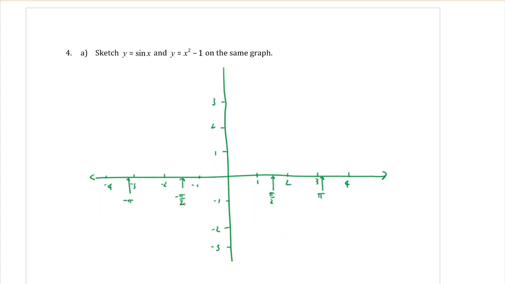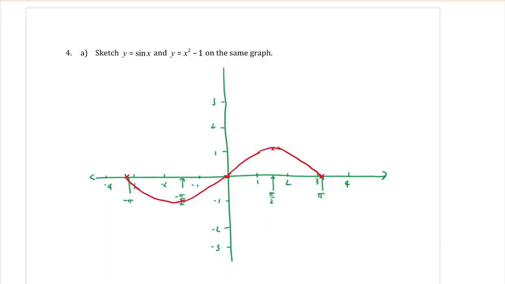So to draw my sine graph, it starts at the origin. At pi over 2, it's at 1, and at pi, it's back to 0 again. If I draw the other side of it, at negative pi over 2, I'm down at -1, and at negative pi, I'm at 0. Now, I know I don't normally draw that part of the sine graph, but I'm going to be intersecting this with a parabola, and I'm going to need to see that negative side, because the parabola is going to be on that side of my Cartesian plane.